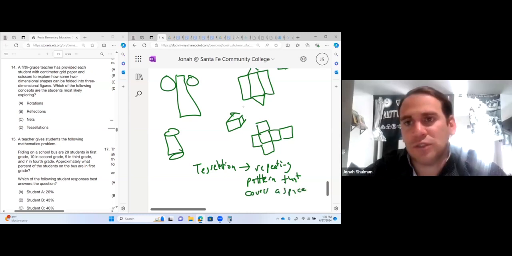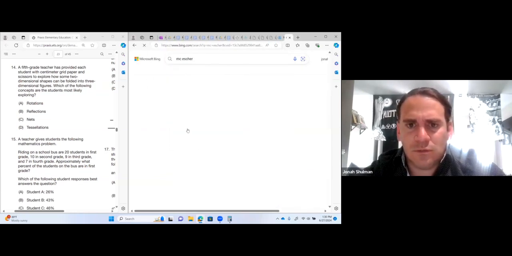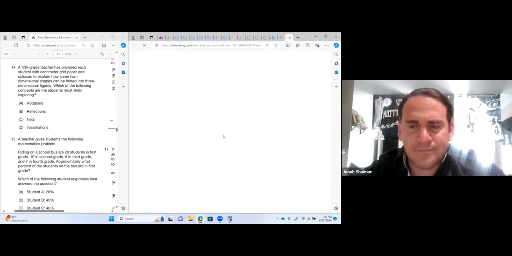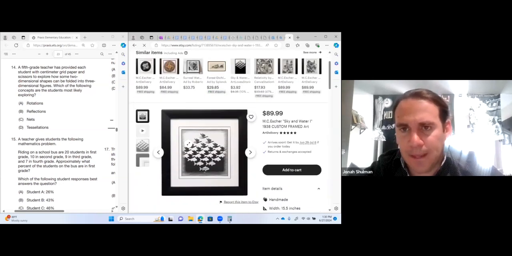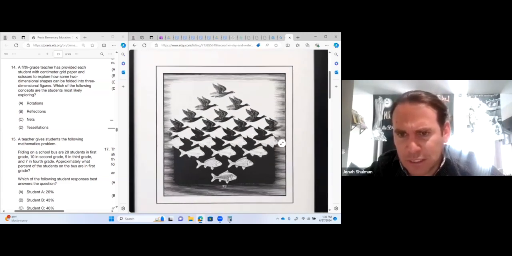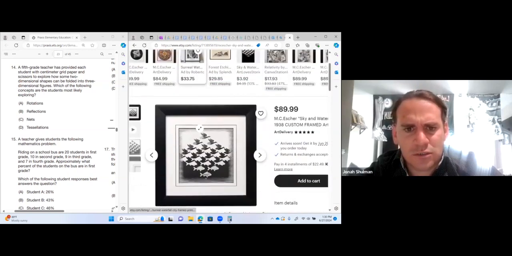I would suggest showing your students MC Escher. Some of his work is really nice. Here's a tessellation. This is called a sliding or translated tessellation because each one of the fish birds creates the empty space. He's just a great artist.